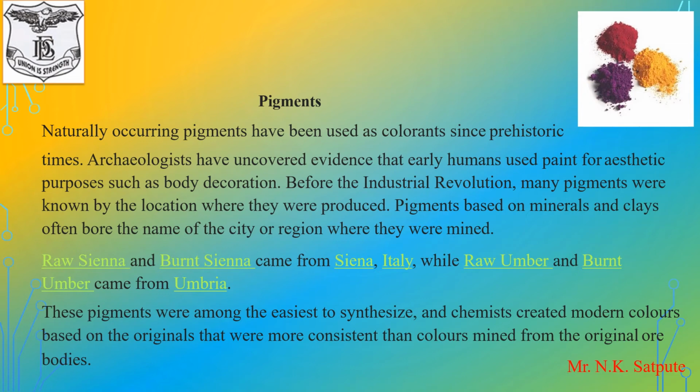In its natural form it is called raw umber. When heated, the color becomes more intense and is then known as burnt umber. These pigments were among the easiest to synthesize, and chemists created modern colors based on the originals that were more consistent than color mined from the original bodies.